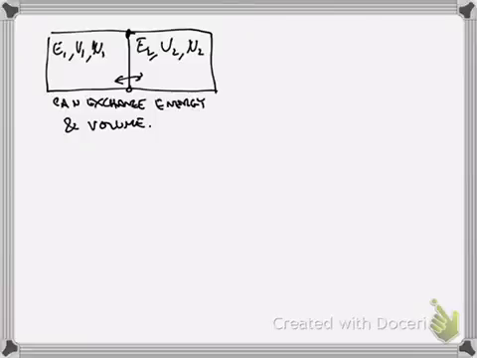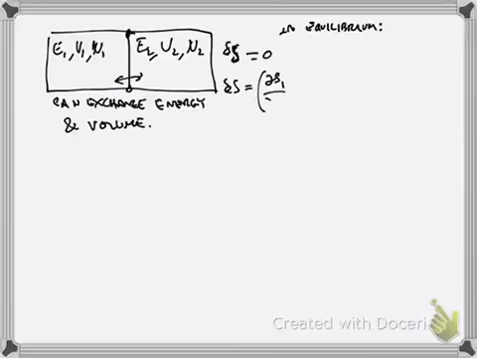So what happens in that case? Well, the argument is very similar to what we just did. We again say that the change in entropy, if we're in equilibrium, delta S has to be 0. But what is delta S? Well, it's going to be partial S1, partial E1 at constant V1 and N1, like before, dE1, that's the heat transfer part for system 1.